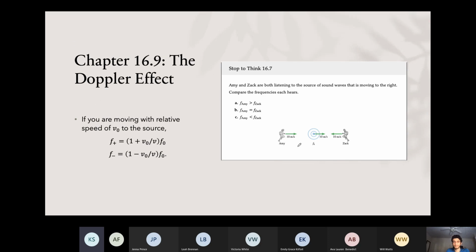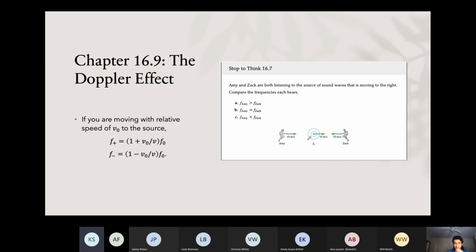Well, first, the change to the frequency as the source is moving is much higher compared to if you're moving towards or away from the source. So in this case, even though both of them relative to each other are standing still, actually the source is getting further away from its waves. So the wavelength itself is bigger.